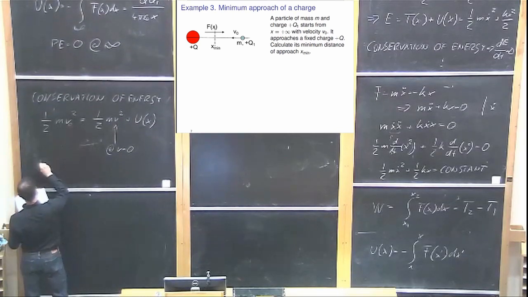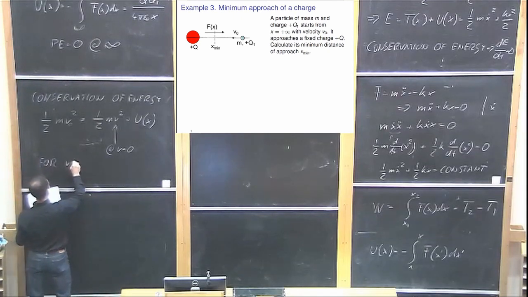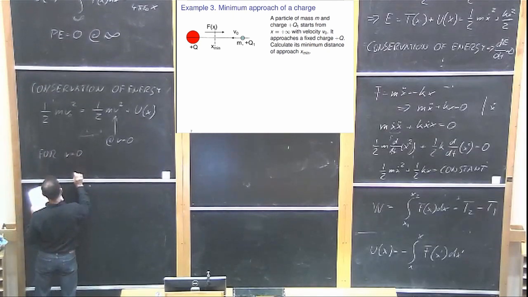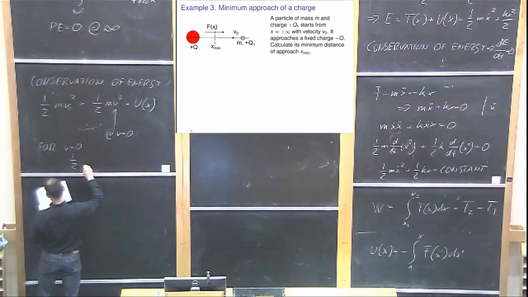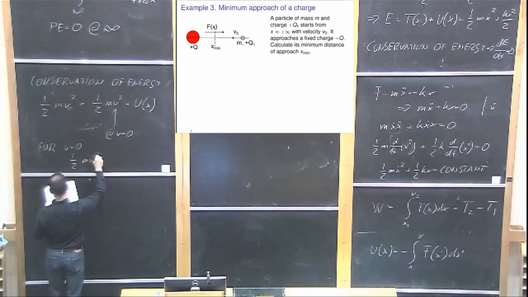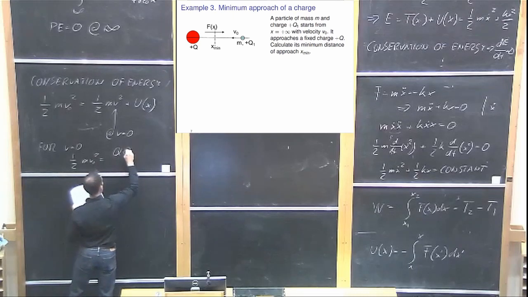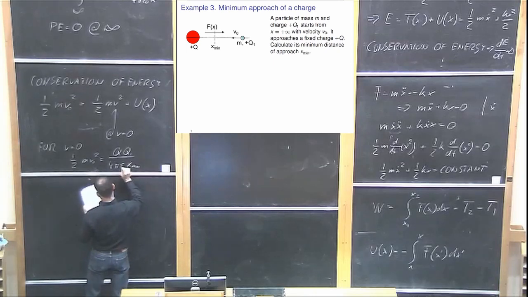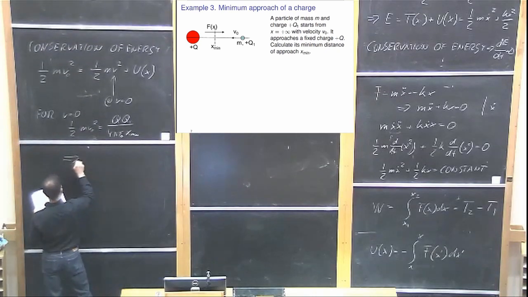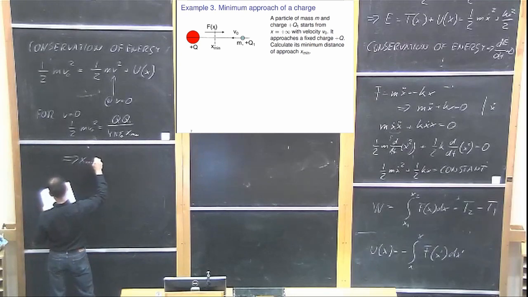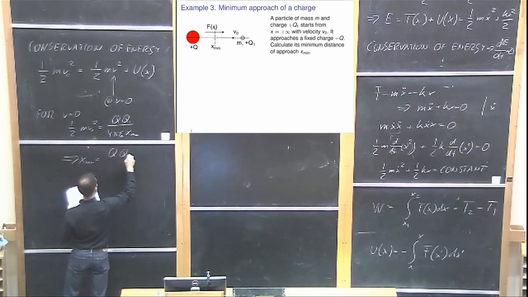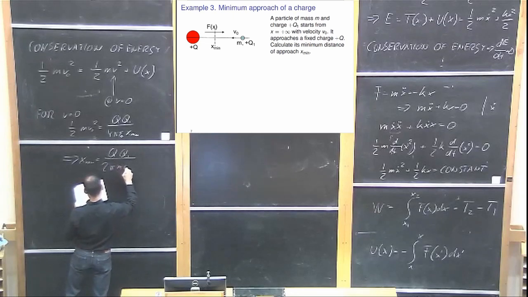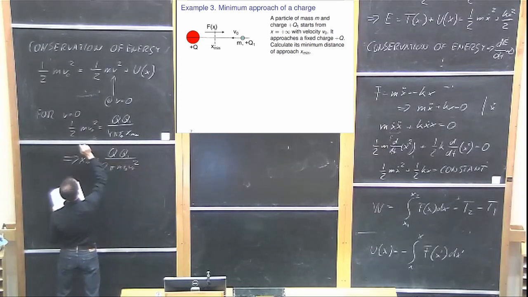So for v equals 0, we get 1/2 m v0 squared equals Q1 over 4 pi epsilon naught x min. You can rewrite that easily as x min equals Q1 over 2 pi m epsilon naught v naught squared.